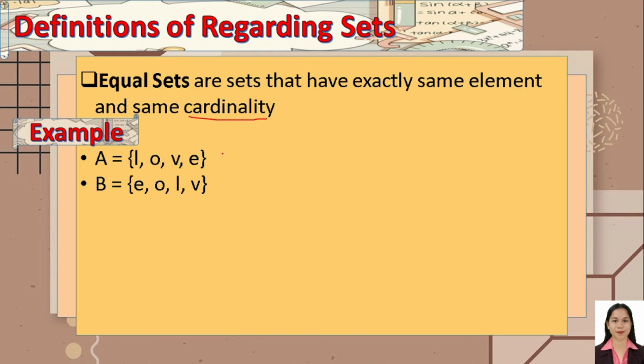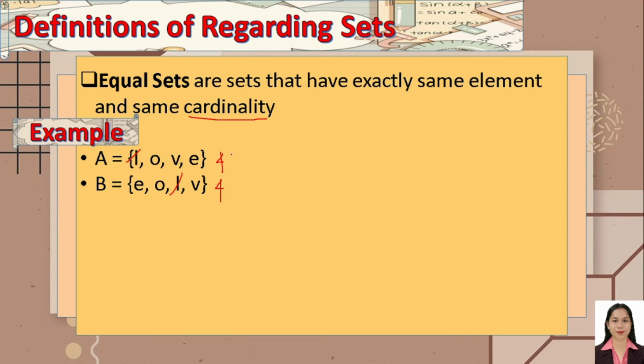So, in set A, we have 4 elements. Set B, we have 4 elements then. So, ibig sabihin, same cardinality siya. Same number element. And same element, meron bang L dito sa set B? So, meron. And we have here O. Meron din dito. V and V. E and E. So, therefore, this is an example of an equal set. So, pag equal set, exactly.